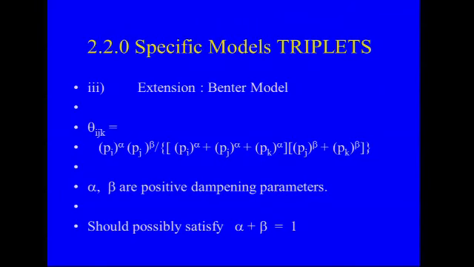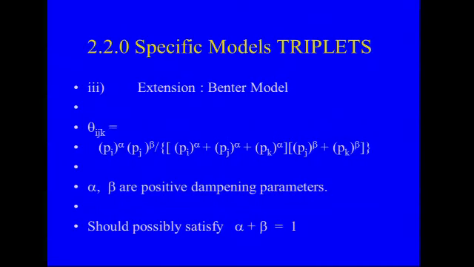Benter took the Plackett-Luce formula forward a bit and introduced parameters alpha and beta. The 3-term denominator is per alpha, the 2-term denominator is per beta. And I think these alpha beta parameters need to add up to 1. There is a scaling issue that we'll see later on.